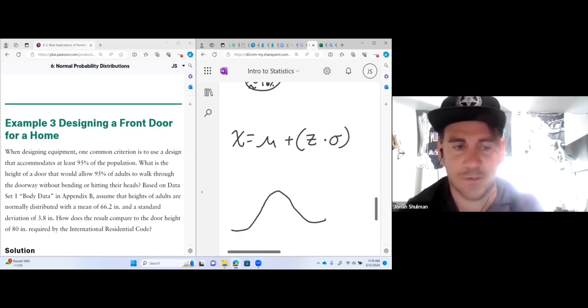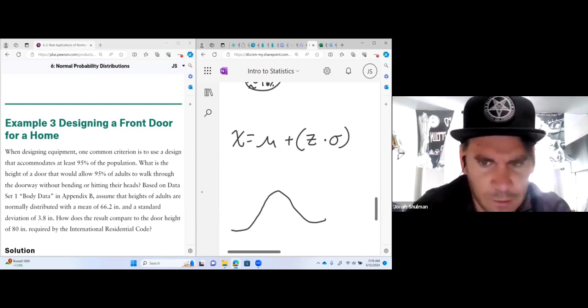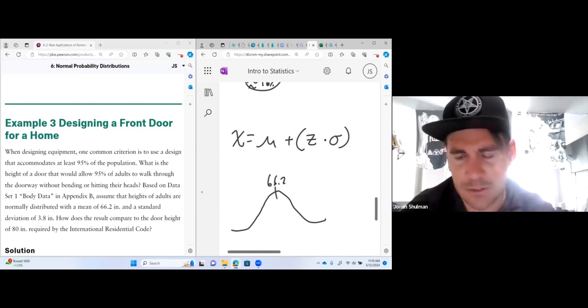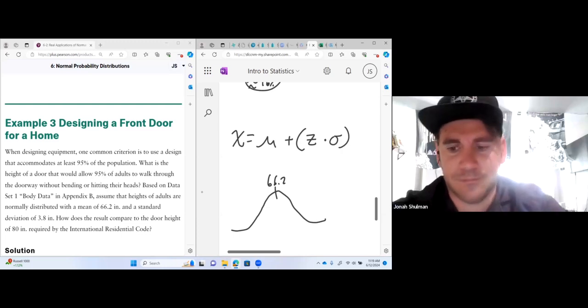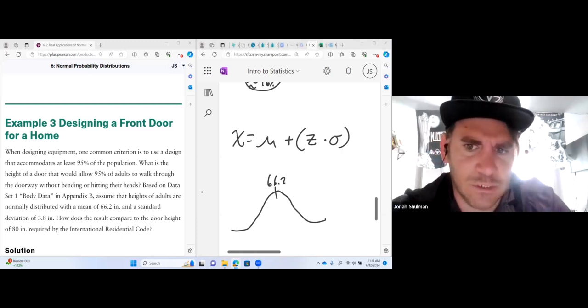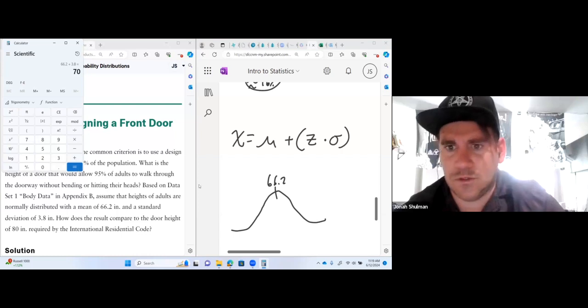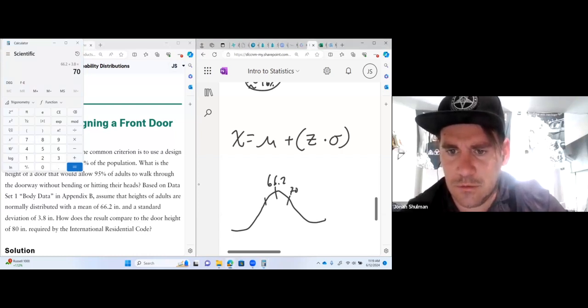I'll sketch it first. We know it has a mean of 66.2 and a standard deviation of 3.8, which is fine. So the first one's 70. That's 1 SD, 1 standard deviation away, and 68% of our scores.